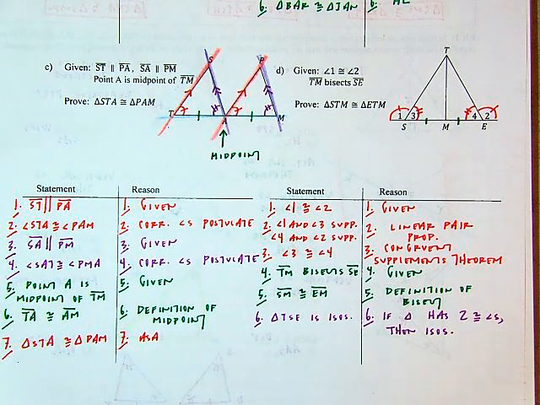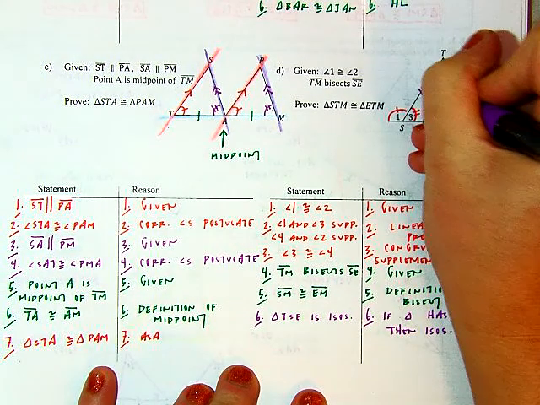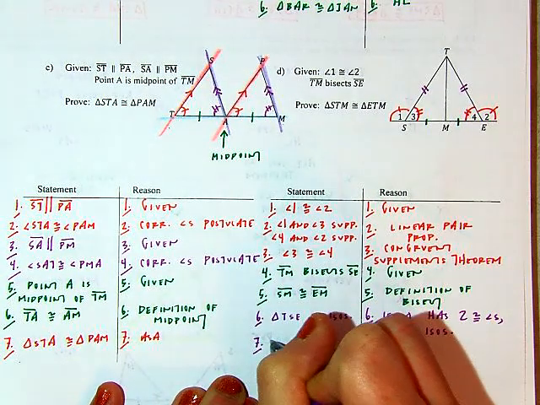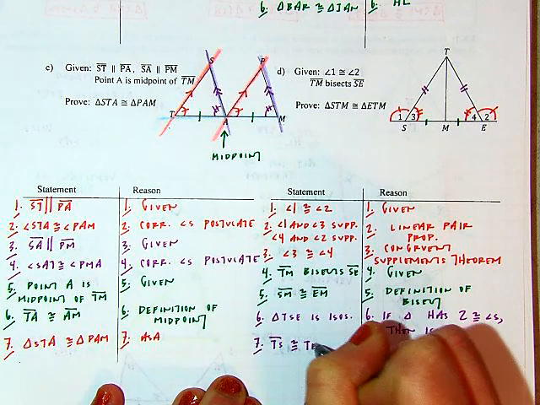Okay, and then what does it mean to be isosceles? It means that we have two congruent sides. Those are the legs. So once I've called it isosceles, then I can link up here and here. So TS is congruent to TE.